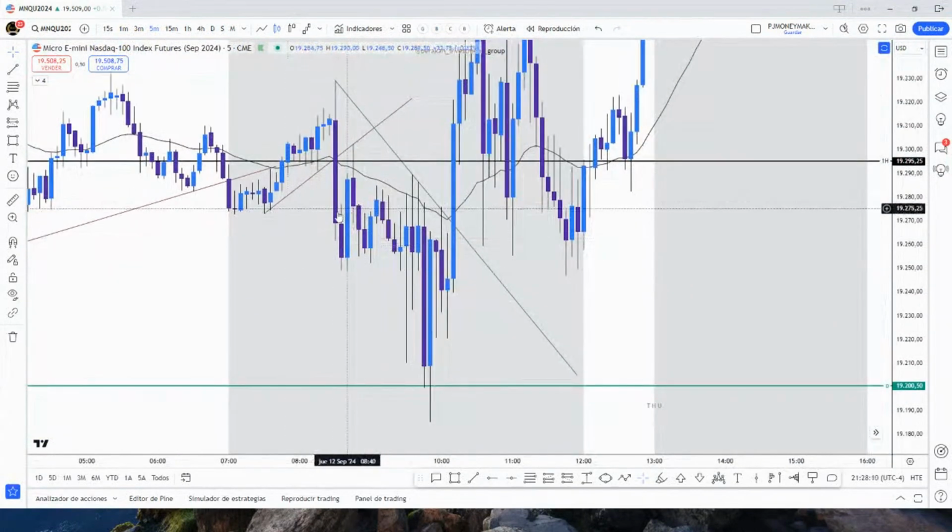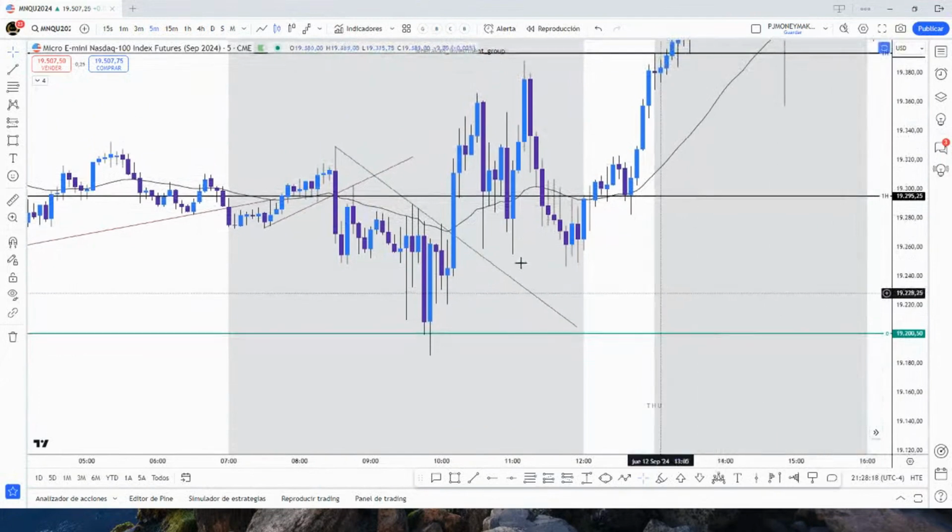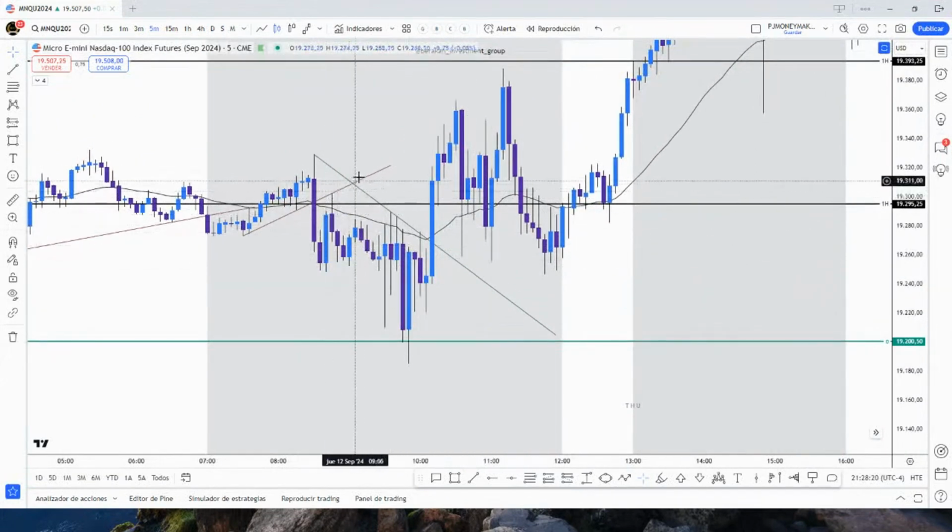So we wait for the PPI, which is right here, 8:30. You can join after the PPI, after three candles, 1, 2, 3.